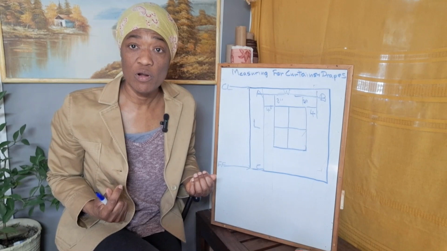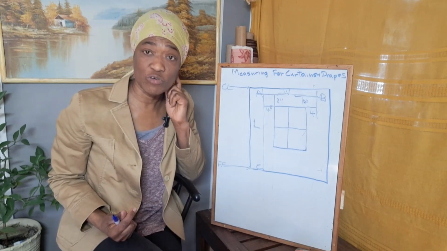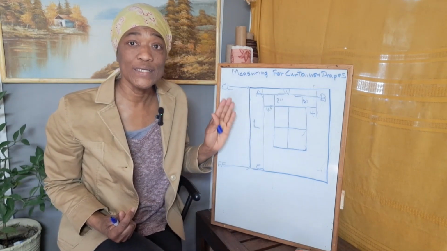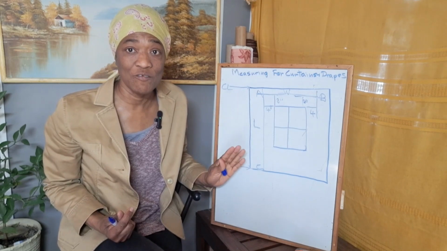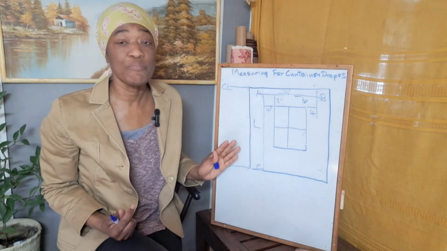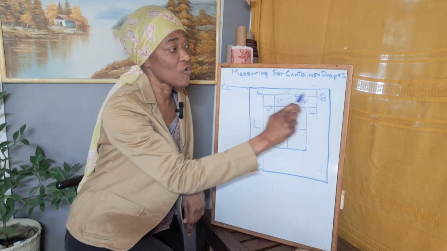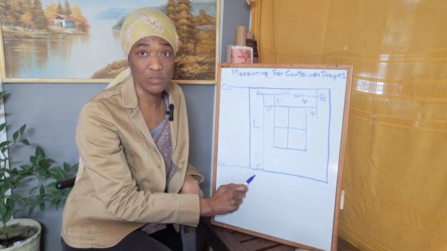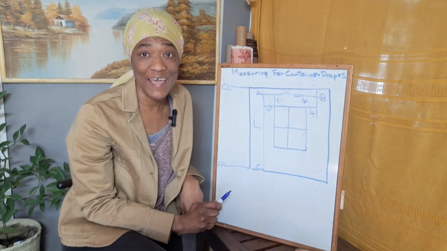Now for our curtains and draperies, these are the only two measurements that we need. They are pretty straightforward, across the top and down, width and length.